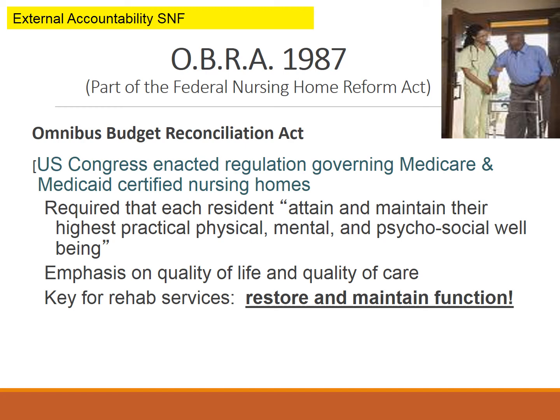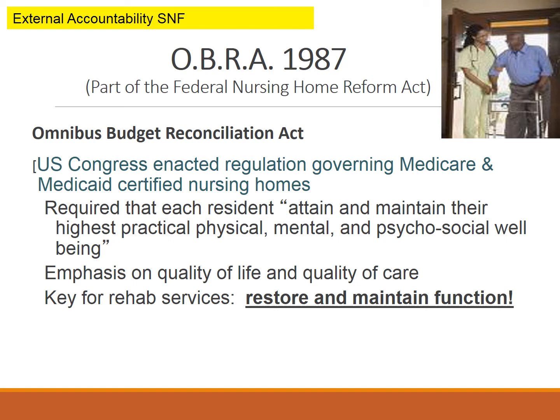This is just another little external accountability for nursing homes that I do want to touch on. Basically, the federal government said a while back that patients in nursing homes weren't being treated with respect. Perhaps there were some nursing homes out there that were doing a great job, but there were others that really weren't doing a good job at all.